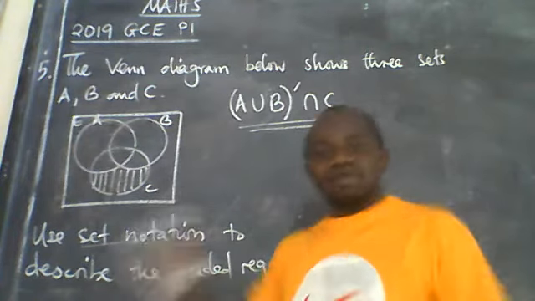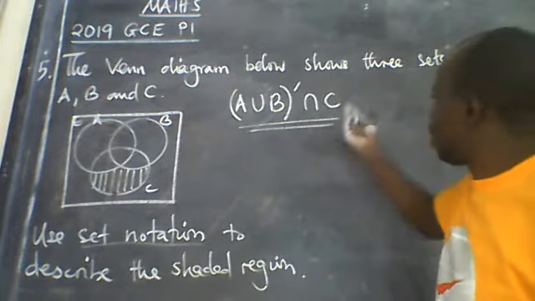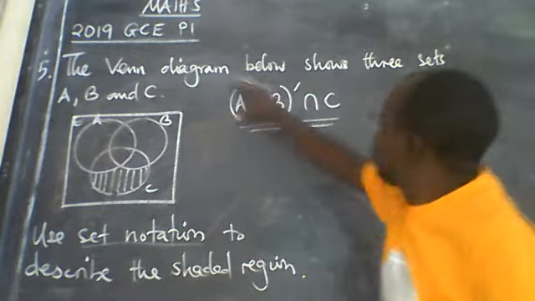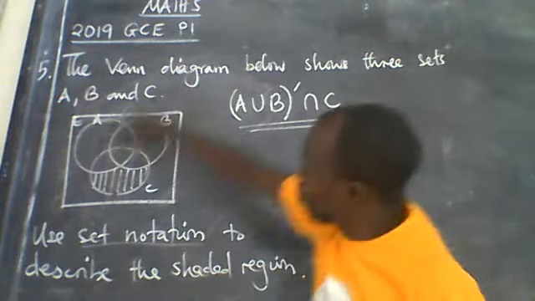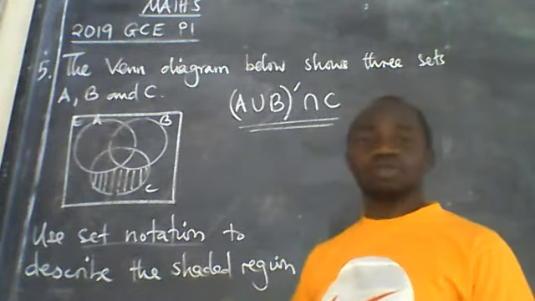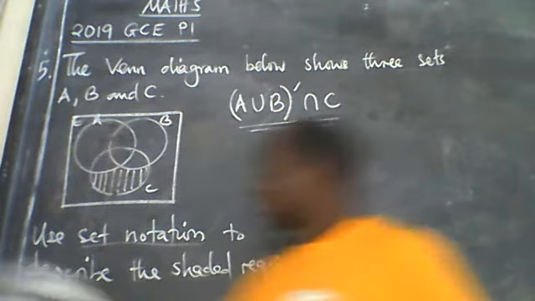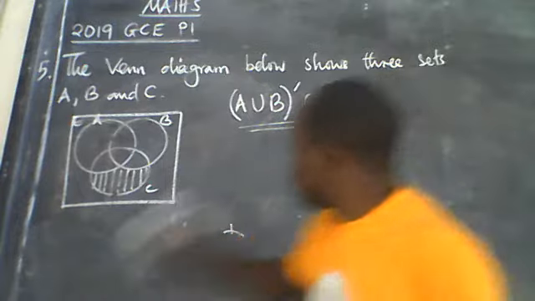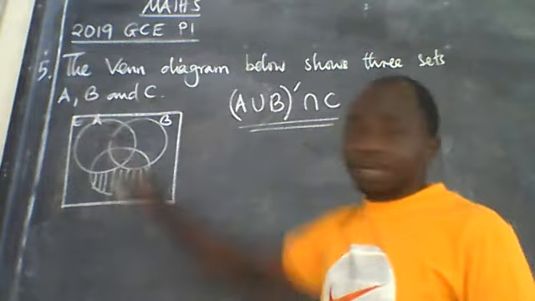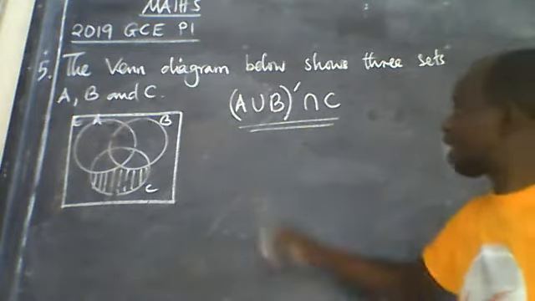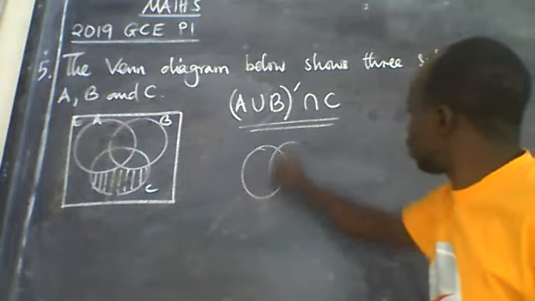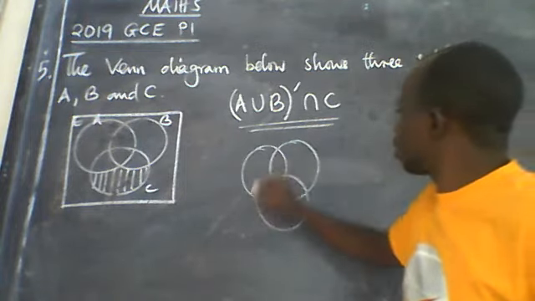Imagine that I've been given this. How would I take it back to this so that the shading becomes true? What you do is come up with a Venn diagram of the same kind, with these 3 sets, for testing.